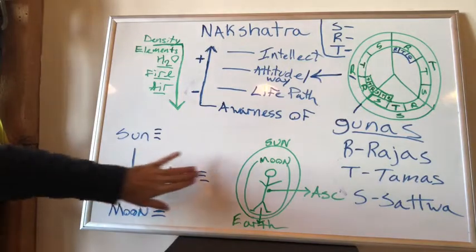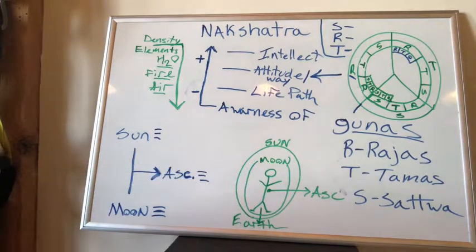And then finally your ascendant, the best way to describe that is it's more close to your ego. It's kind of what we end up projecting out into the world. Sometimes they say it's how people perceive us. I don't necessarily see it like that, but what I do see is it's kind of like what we end up projecting out into the world. That's the best way to put it for me.